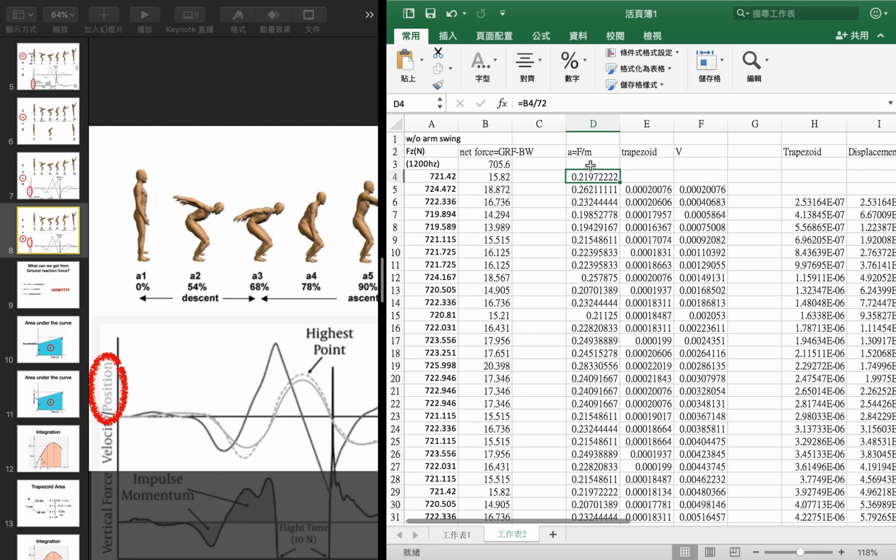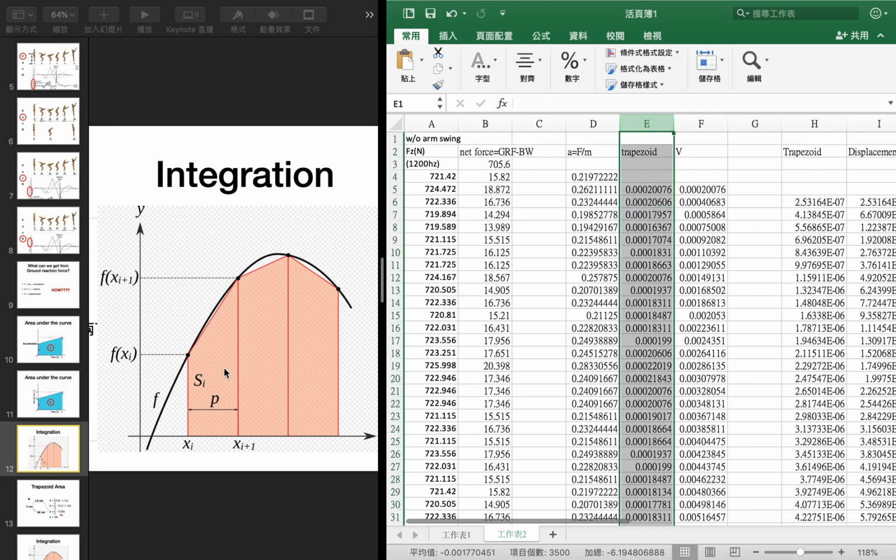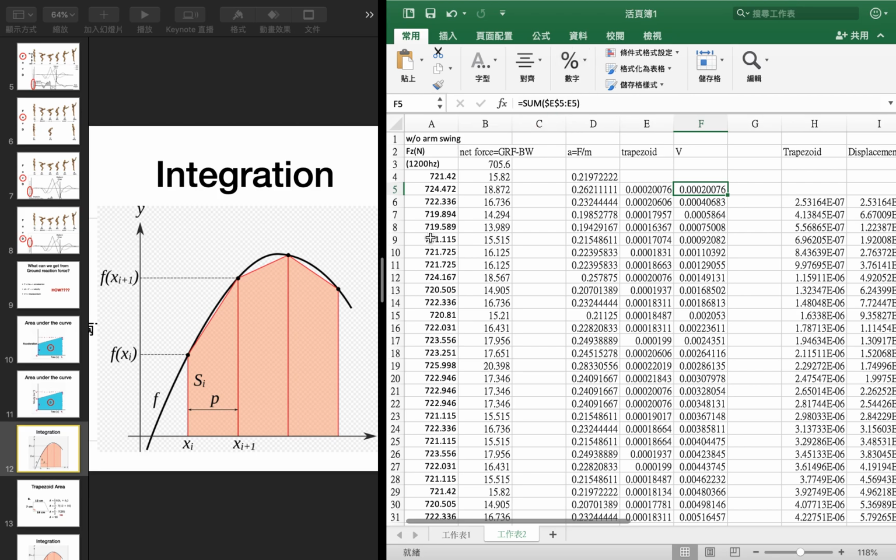And then we want to transition acceleration to velocity. So we need to calculate each trapezoid area first in this column. This value is a trapezoid area between these two values, and this is a trapezoid area between these two values. So this column is the trapezoid area for each trapezoid. And then we use the sum function to add all the trapezoid areas together.